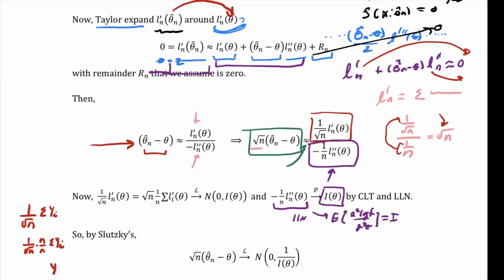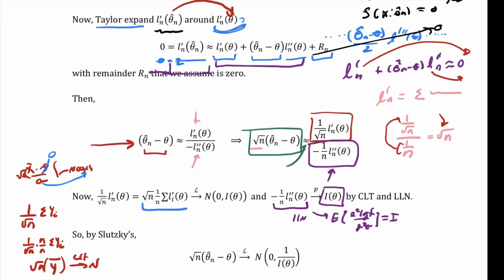So this would be y bar root n. So this is going to be normal by the central limit theorem, just like x bar minus mu over sigma times root n is normal 0, 1. In this case, these things have mean 0, and the variance I'm just throwing over to that side.